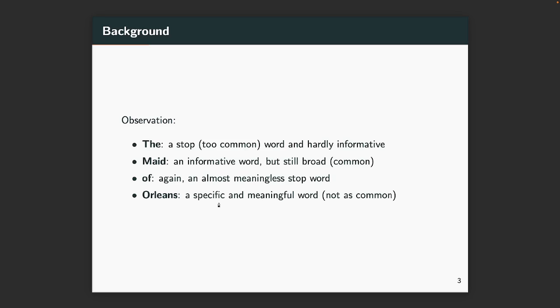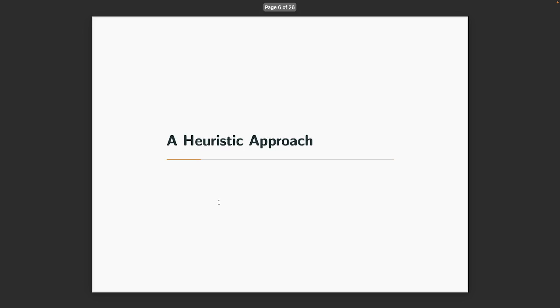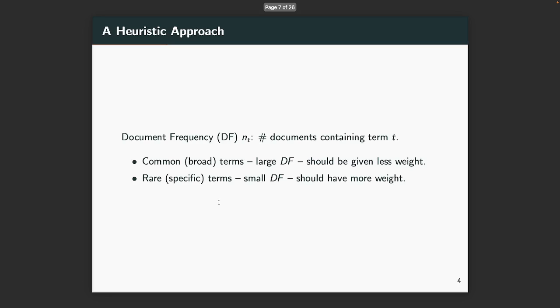And so you see this kind of frequency, or how common a word is, versus how informative a word can be. And there is this inverse relation between the frequency and the meaningfulness. So here comes the IDF, or inverse document frequency.